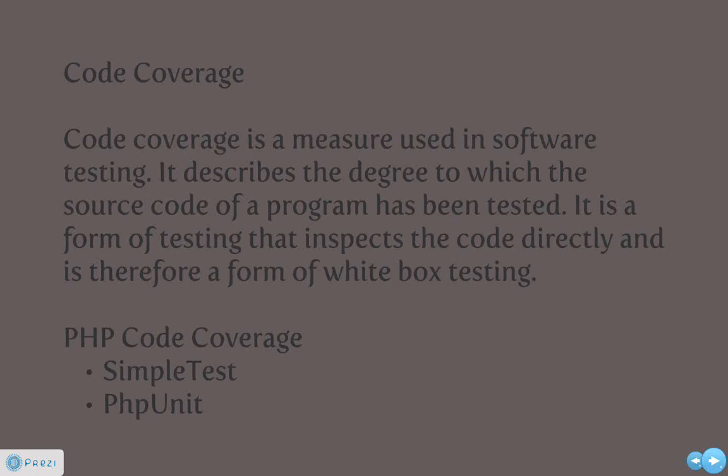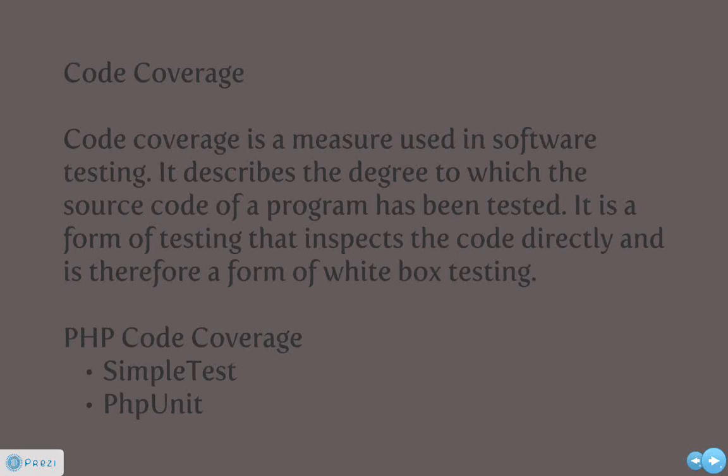Now for PHP code coverage, we are using two open source unit testing tools. One is SimpleTest, and the other is PHPUnit. SimpleTest is mostly used in Drupal-based projects, where it is very famous. If anybody is using Drupal, they must have come across SimpleTest. PHPUnit is used in all the other PHP projects.